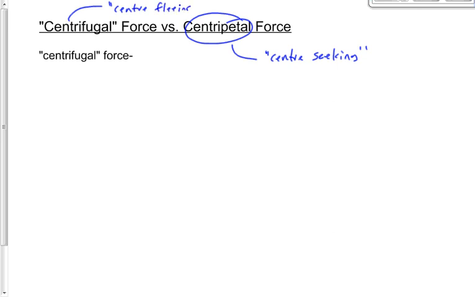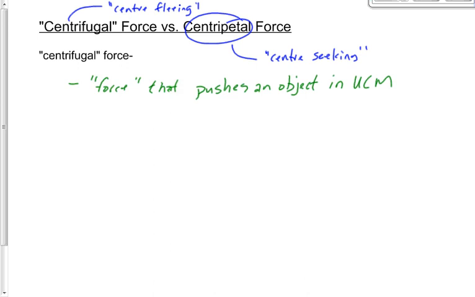So in other words, the centrifugal force isn't the force that acts toward the center of the circle. The centrifugal force is the force that pushes an object moving in a circle, or in uniform circular motion, out or away from the center.